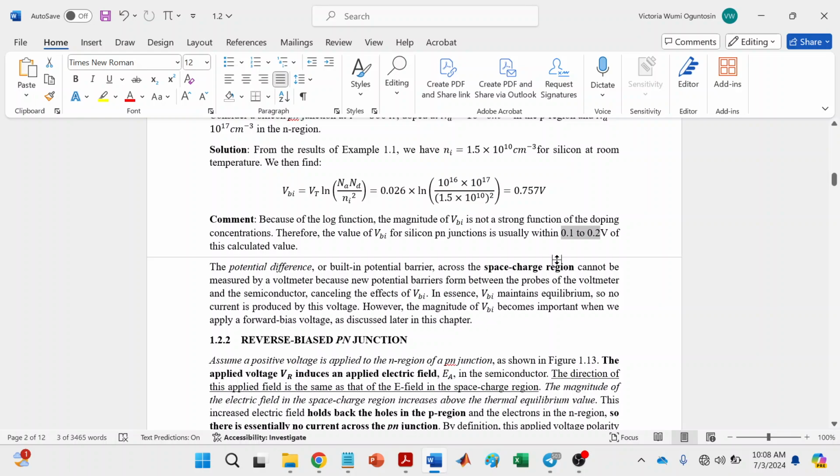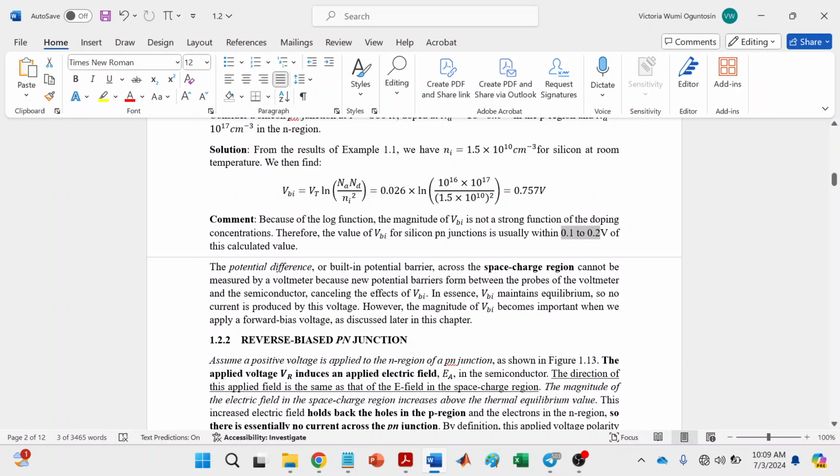Then this built-in potential barrier across the space charge region cannot be measured exactly by a voltmeter, because new potential barriers develop across the probes of the voltmeter, cancelling the effect of the built-in potential barrier of the PN junction.